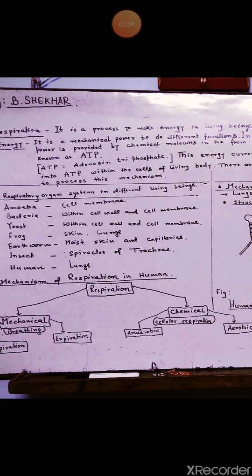Living beings have different respiratory organ systems, and such organ systems are as below, according to the varieties of organisms.